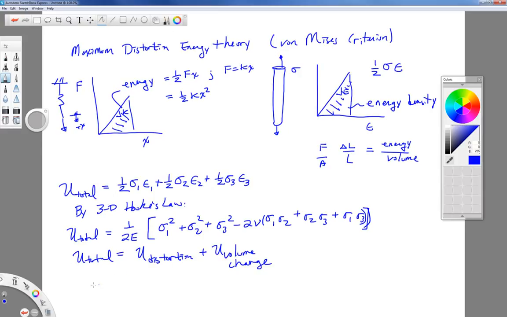And it turns out that the distortion part of this is 1 over 12G, where G is the shear modulus. And then we have differences among the principal stresses squared.